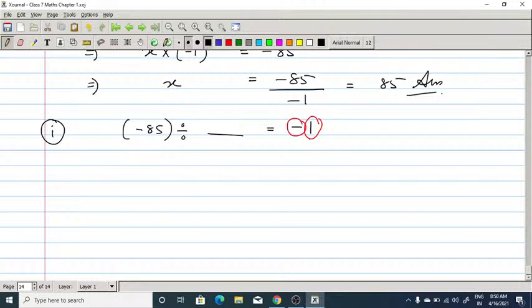If the magnitude is 1, that means it is being divided by 85 itself. Otherwise, how will I get the magnitude 1? And your answer is negative. And when will you get a negative sign? When the two operands, O-P-E-R-A-N-D-S, are of two different signs. So your answer is plus 85.